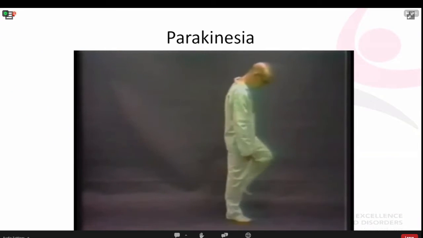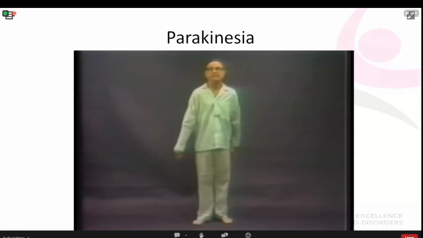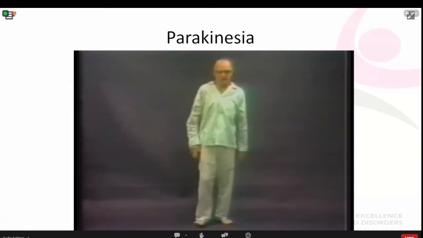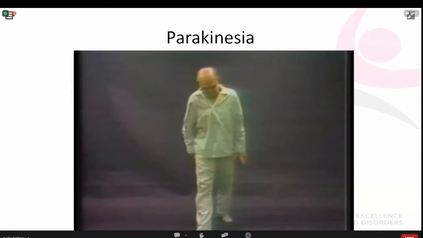This is a voluntary or semi-voluntary movement, such as touching the face or adjusting some part of the body to hide his chorea. This is called parakinesia.